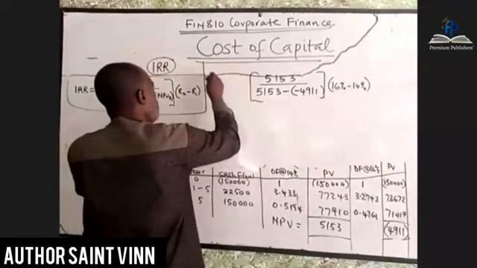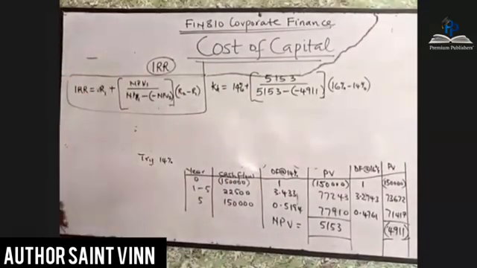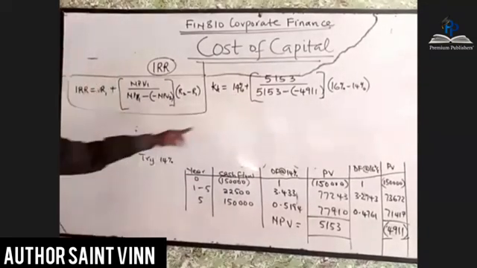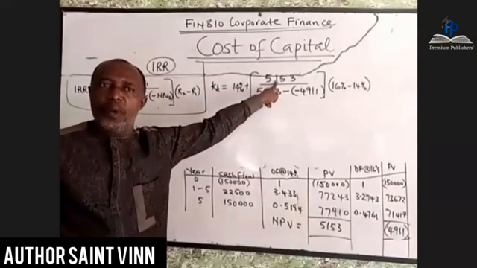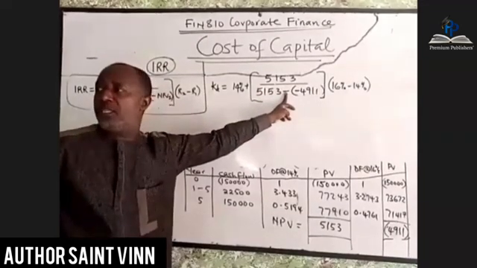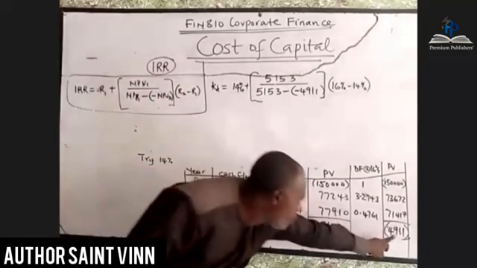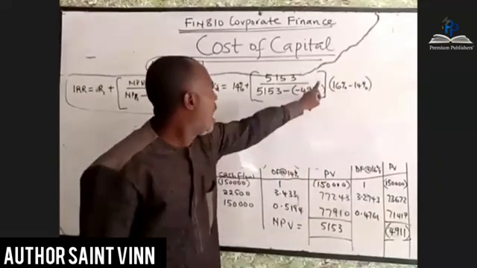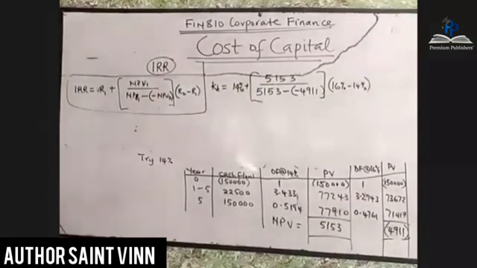So our cost of debt here is equal to 14% plus what you have seen here. The first trial was 14%, R1, which produced NPV1, on top, the numerator. The same NPV1 is the denominator, and there is a minus there. In the bracket, there is minus NPV2, because our NPV2 was negative, and we close the bracket. The difference between the first rate and the second rate is what you are seeing in that bracket.